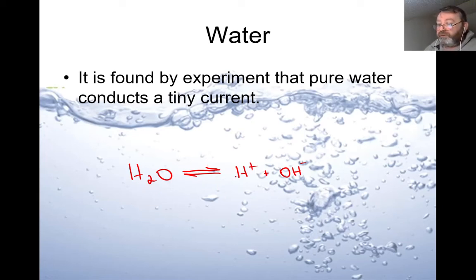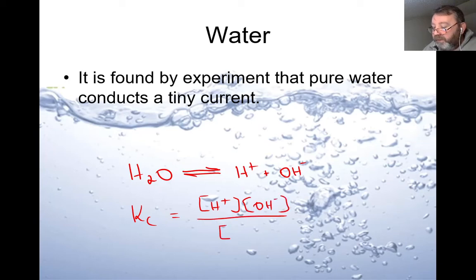So therefore, straight away, we can talk about a Kc expression as being the concentration of hydrogen over the concentration of the hydroxide ions divided by the concentration of water itself. Now, water has got a concentration. We talk about that later on. It's a constant, okay? At different temperatures, it has a different value, but it's a constant value at that particular temperature, and we'll talk about that later.